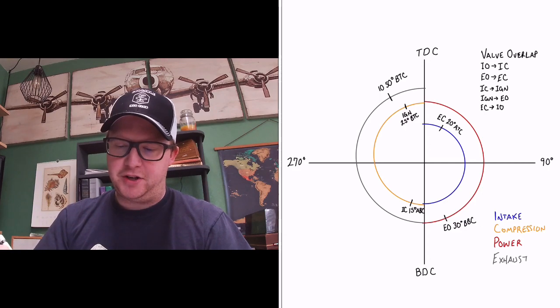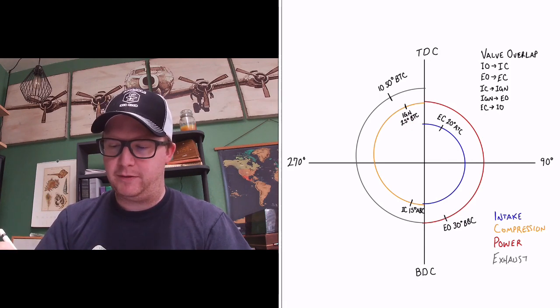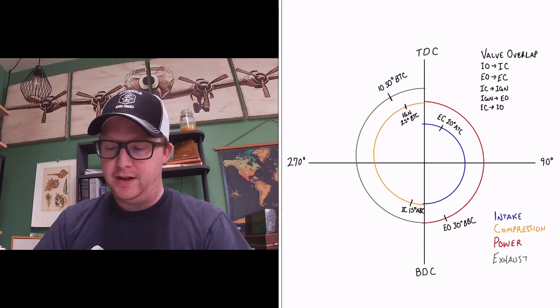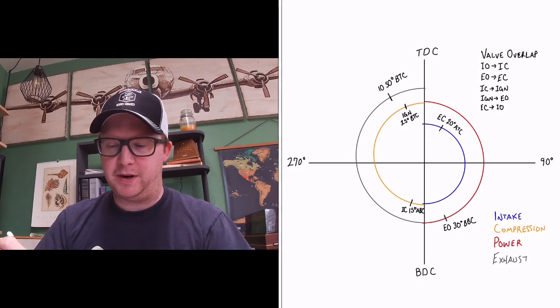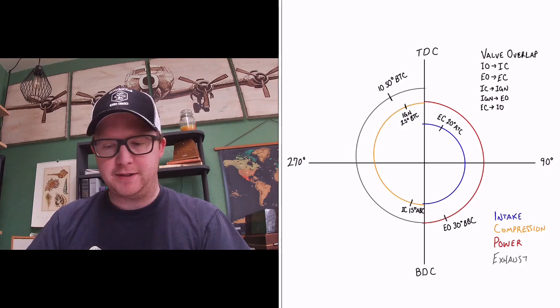We have ignition happening up at the top of the compression stroke, 25 degrees before top dead center. Then we move on to our power stroke, where the exhaust valve is going to open 30 degrees before bottom center. And then our exhaust stroke, where up towards the top, the intake valve is opening 50 degrees before top center. Those are our major events.